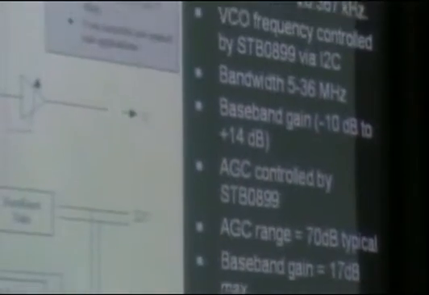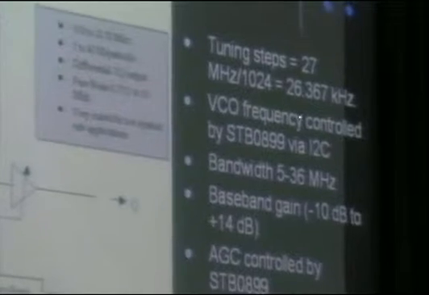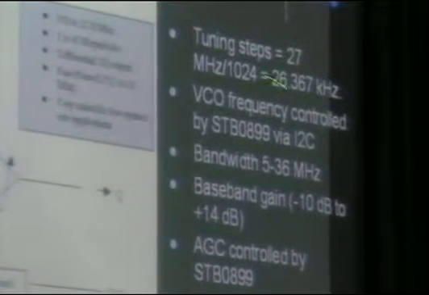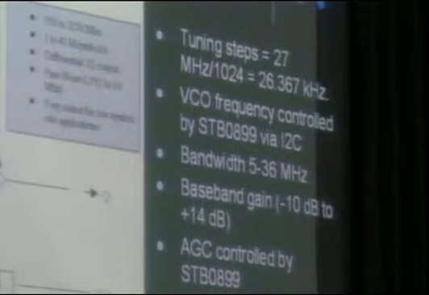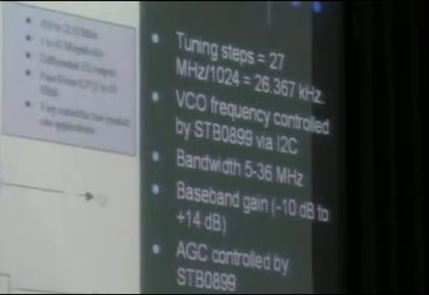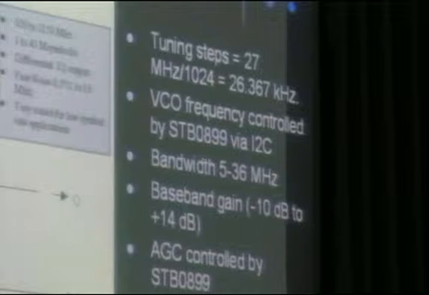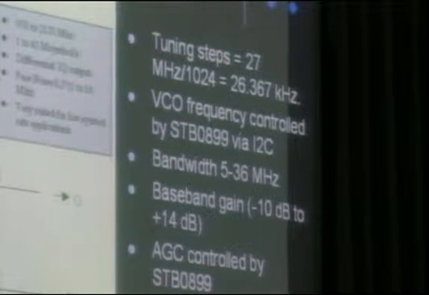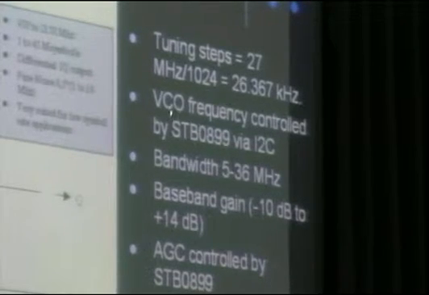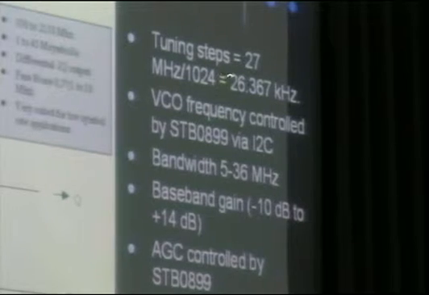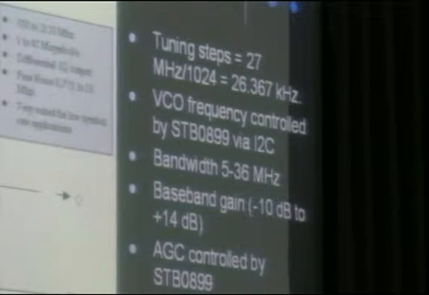So the step is about 27 kilohertz. So we can have any frequency we want. The zero IF tuner can be set only to frequency multiples of 26 and so on kilohertz.